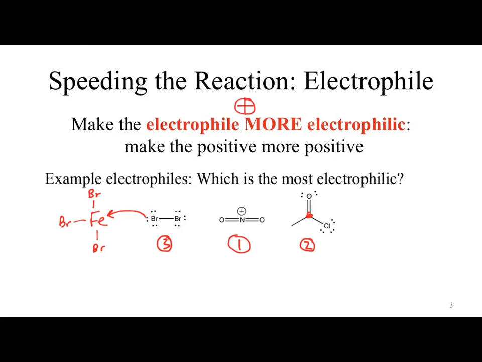But then how many bonds does that terminal bromine have? It's too many bonds. So we need to break a bond. How are we going to break this bond? Where do those electrons go? Left or right?